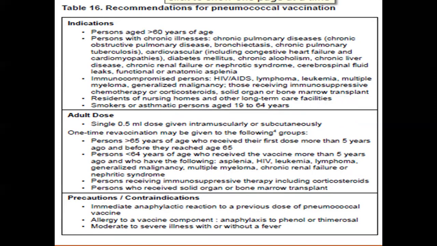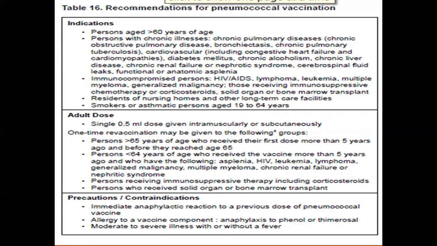For pneumococcal vaccine, here are the indications. Persons aged more than 65. Persons with chronic illnesses, such as COPD, bronchiectasis, chronic tuberculosis, as well as non-pulmonary diseases.